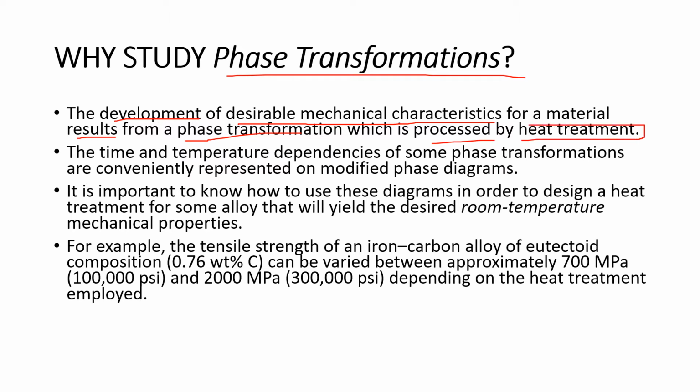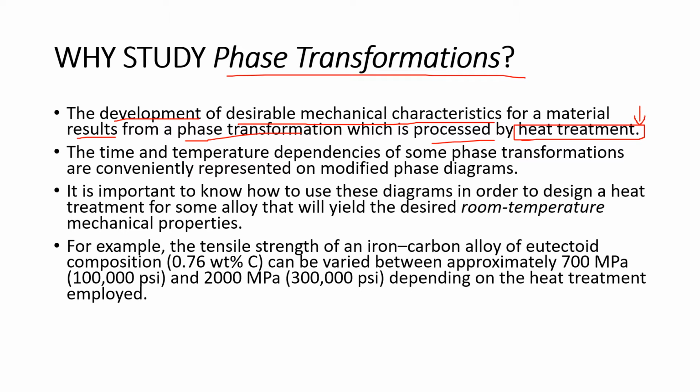About heat treatment processes, we have already studied that there are several methods, like quenching, annealing, stress relief annealing, etc. We want to improve the mechanical properties through heat treatment processes, which are one part of the phase transformation.